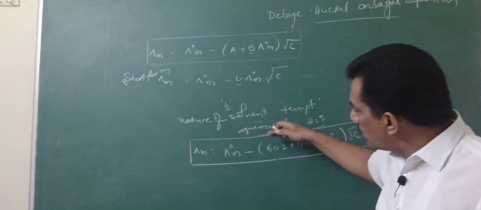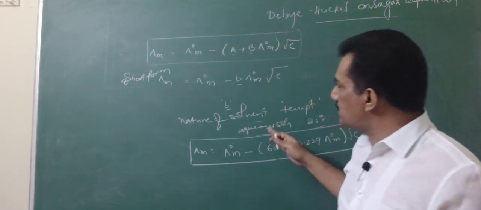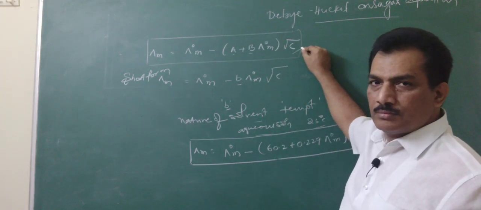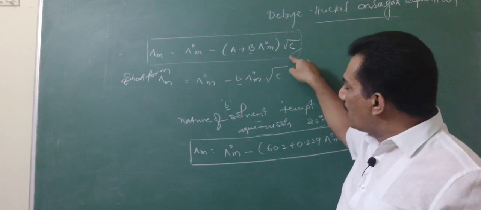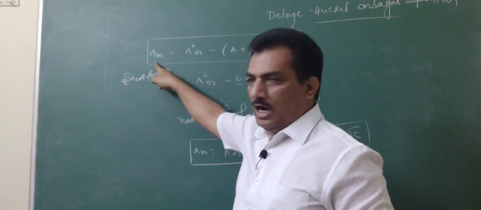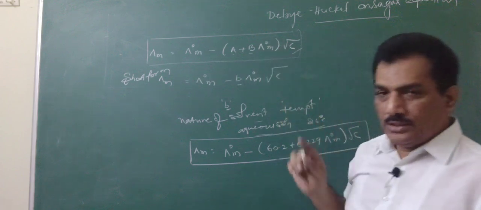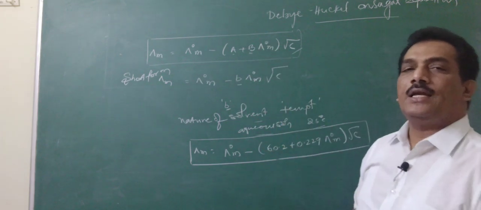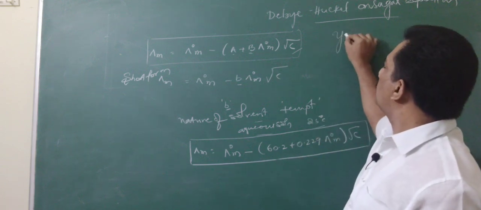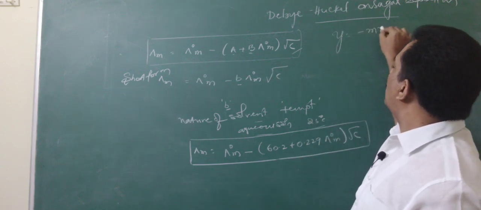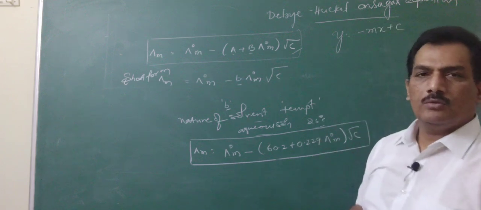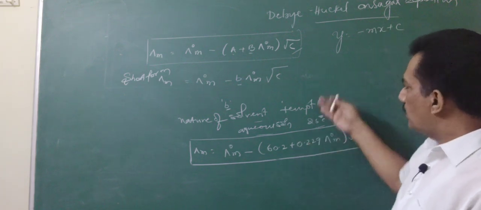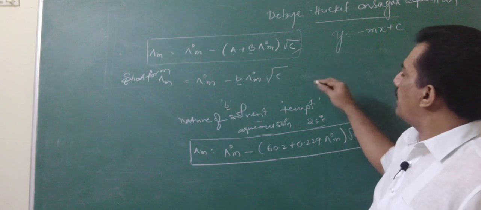And with this relation, if you observe, in any of these cases it is variable. Clear? And when these two are present, we can rearrange it to get a straight line equation, y is equal to minus mx plus c. Let me write that rearranged equation.